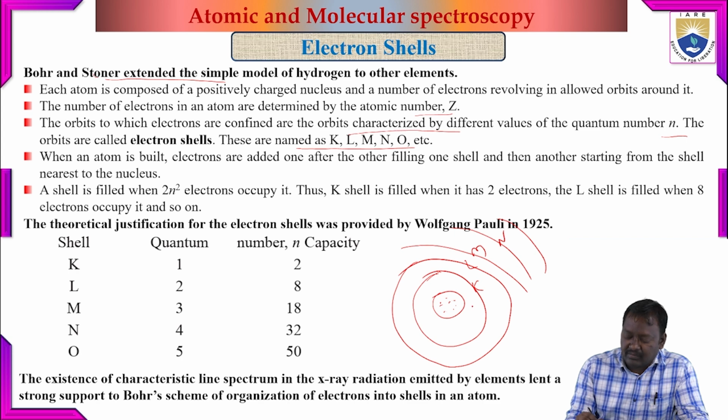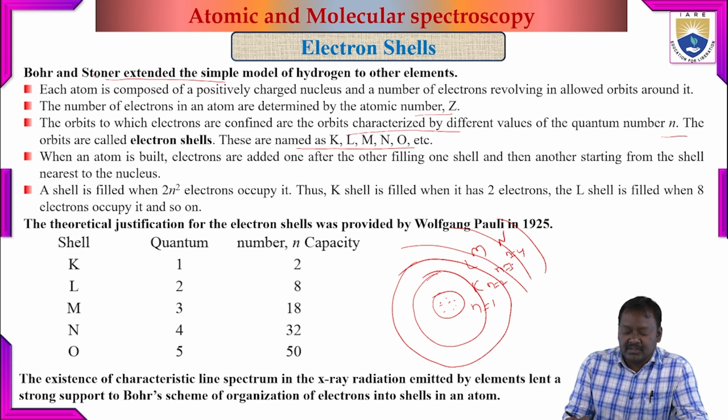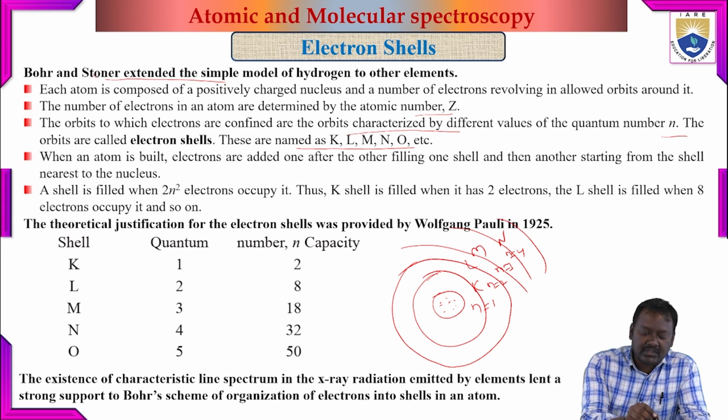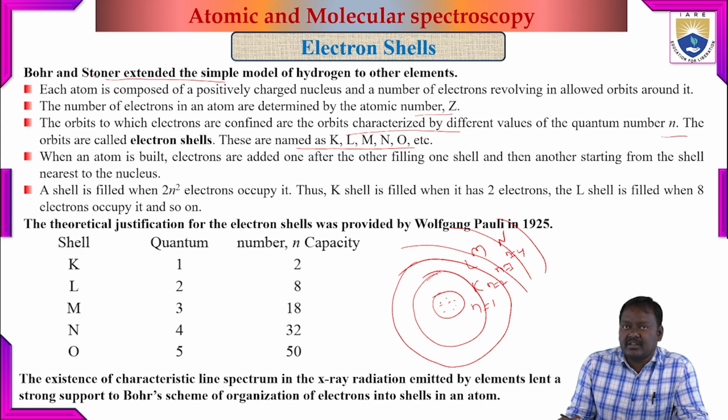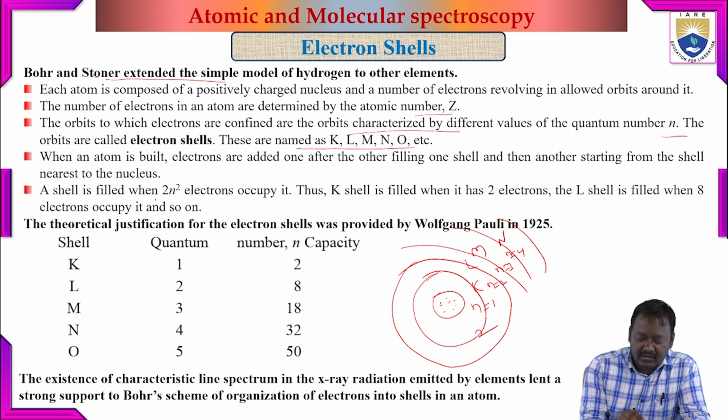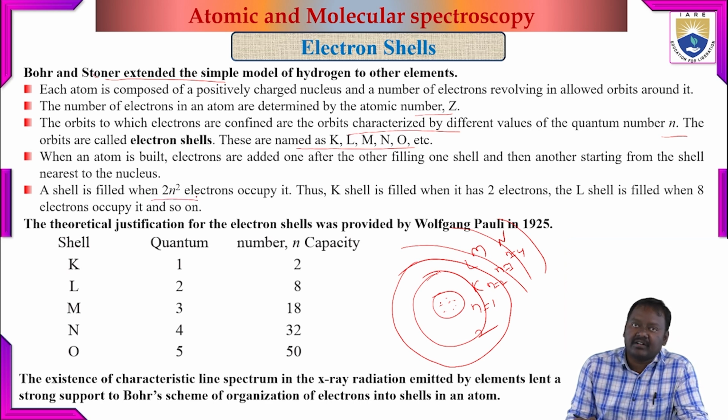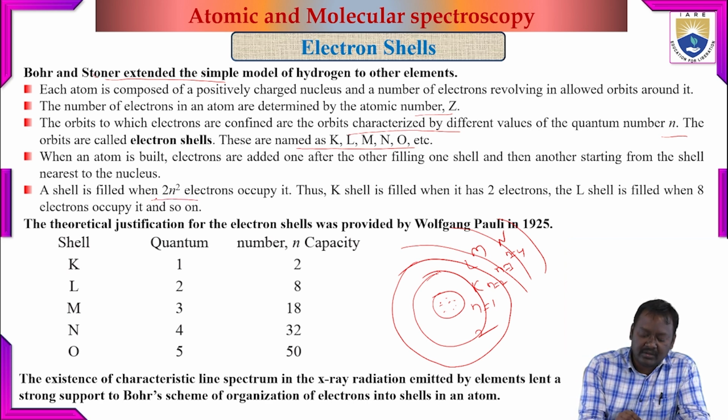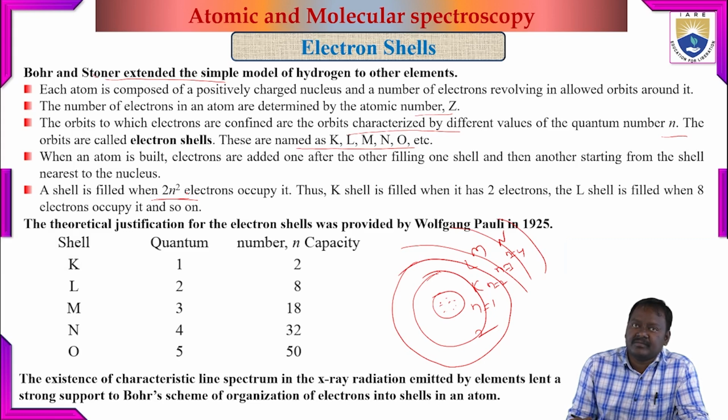The principal quantum number for the K shell is n equal to 1, then n equal to 2, n equal to 3, n equal to 4, etc. According to these two scientists, Bohr and Stoner, the configuration of electrons in these orbits should be such that the filling of electrons follows the value 2n squared.